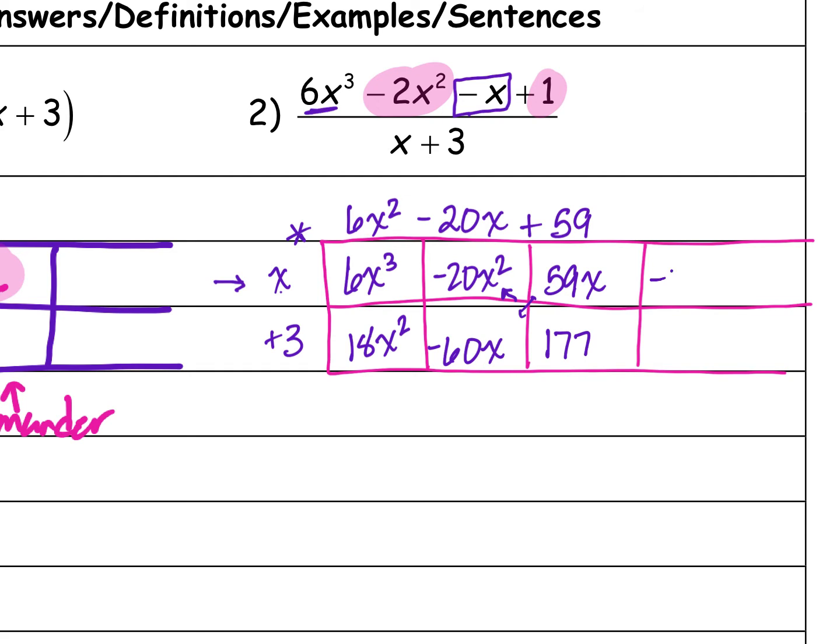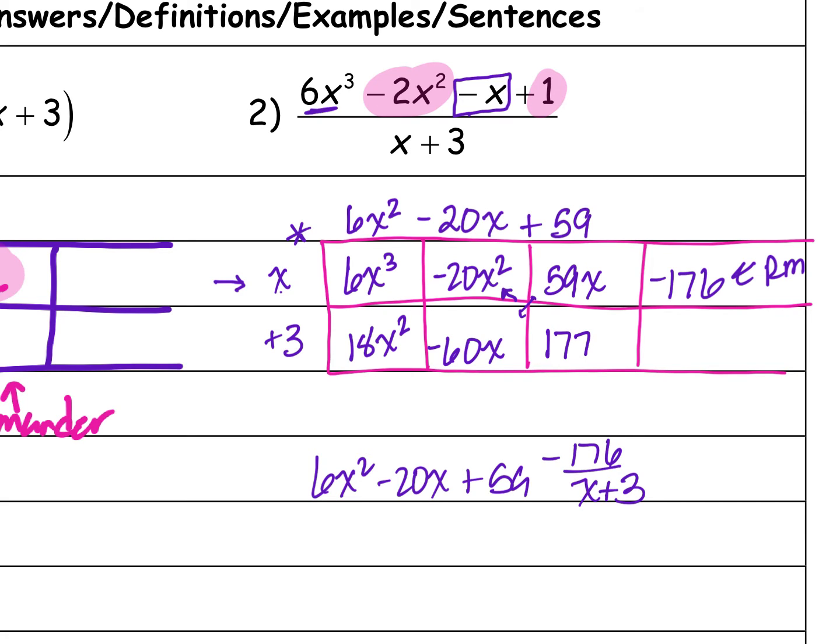Negative 176. And this is my remainder. So my answer is going to be 6x squared minus 20x plus 59 minus 176 over x plus 3.